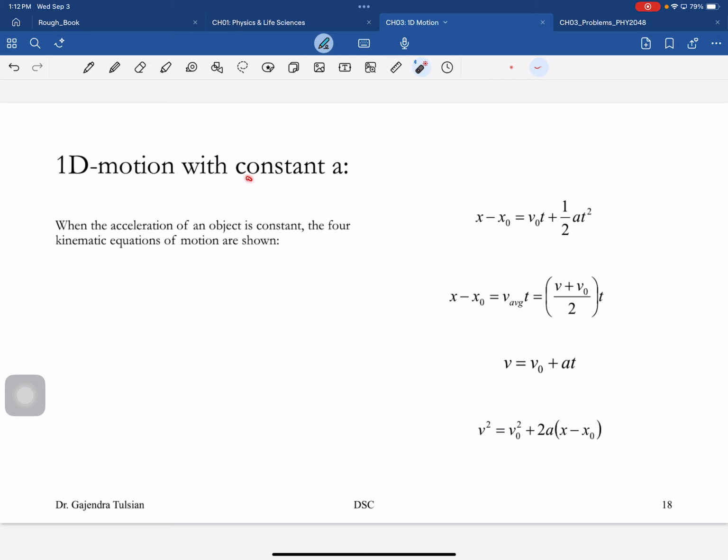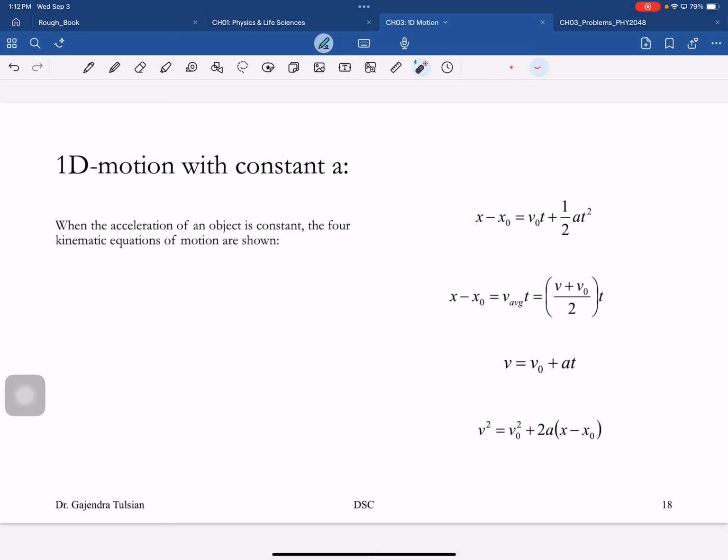We will practice all of this. Right now, we'll just keep things simple and look at motion where the acceleration is constant. So you see, the position is a quadratic function of time.